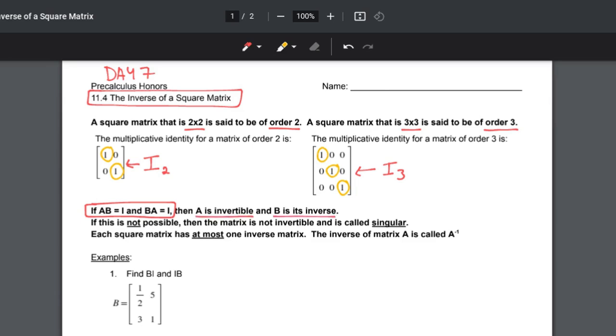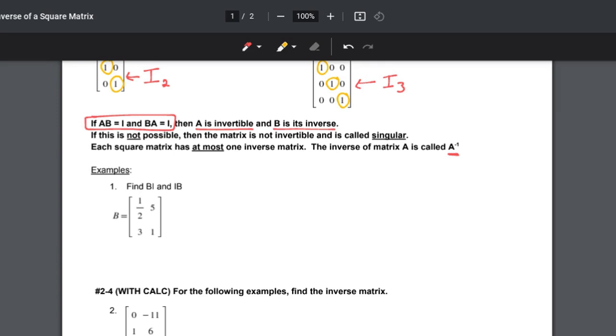If it's not possible, then maybe the original matrix A is not invertible, and it would be called singular if it doesn't have an inverse. Every square matrix has at most one inverse matrix. The inverse of matrix A is called A with a -1. This is the symbol for inverse. You don't say A to the -1, you just say the inverse of matrix A.